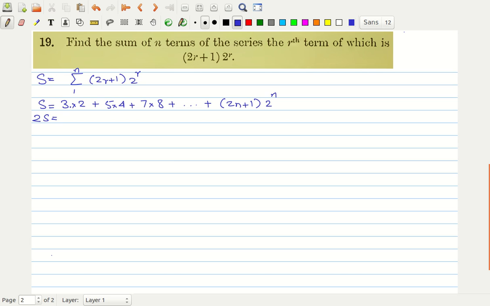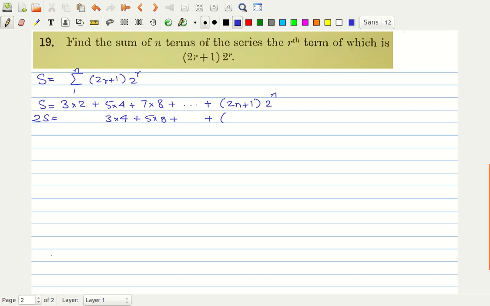is equal to 3 times 4. So I will write 3 times 4 below the second term of the series. So this is 3 times 4 plus 5 times 8, and over here it will be the n minus 1th term.